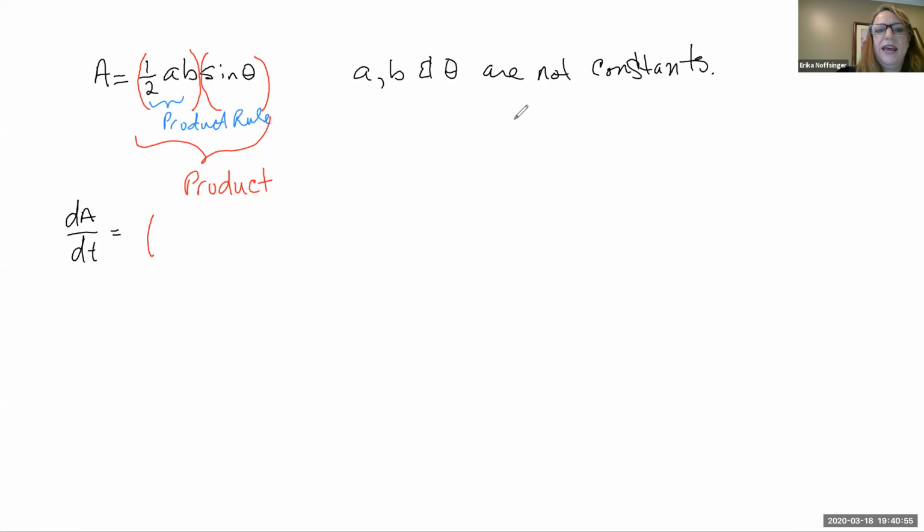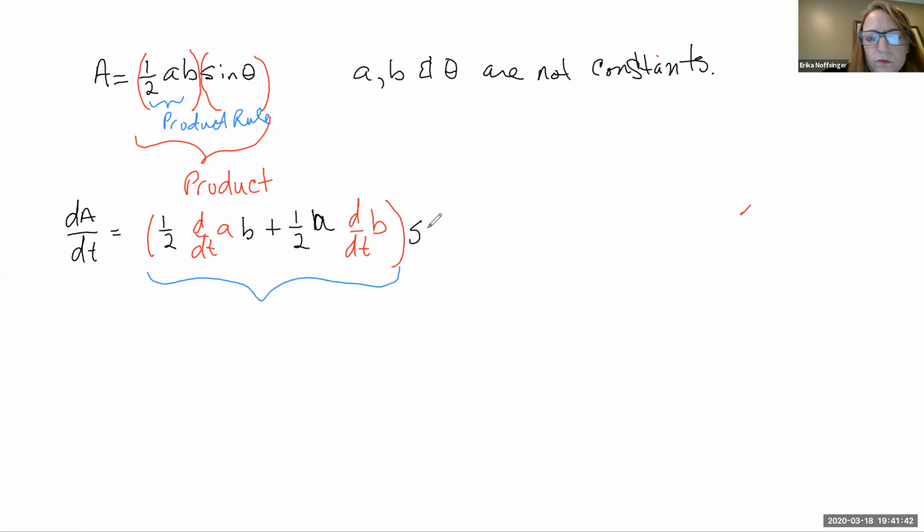So we would have 1/2 times the derivative of A times B plus 1/2 A times the derivative of B. So that's just the derivative of the first piece times sine theta plus the first.